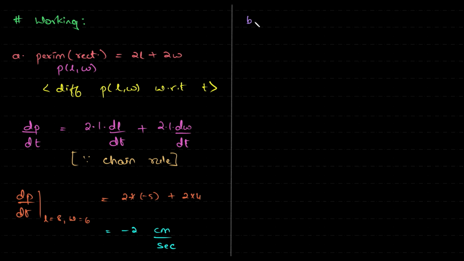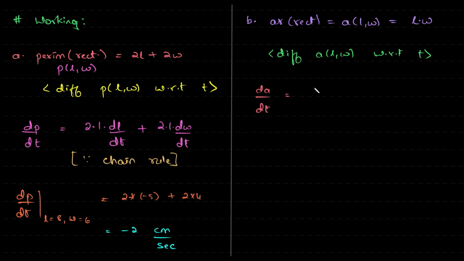Okay, so let's have a look at the area. Area of the rectangle, we'll represent it as A of L comma W, that would be length into width. Now we'll differentiate A of L comma W with respect to time. So we have dA by dt, which is equal to, by chain rule, such a thing.